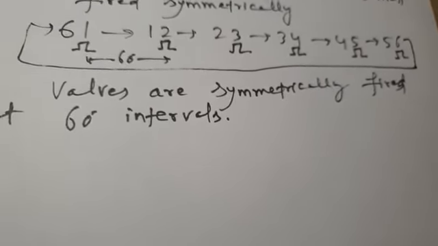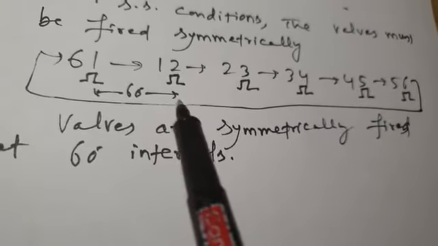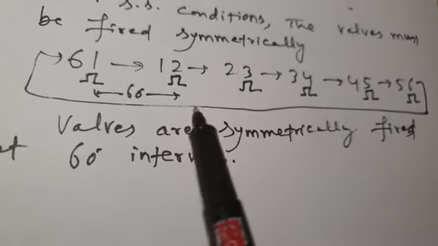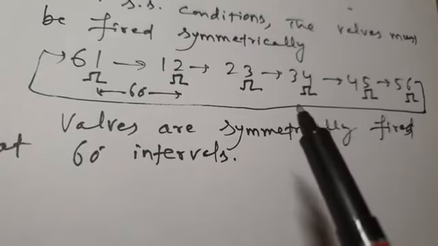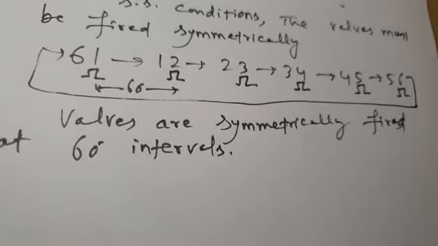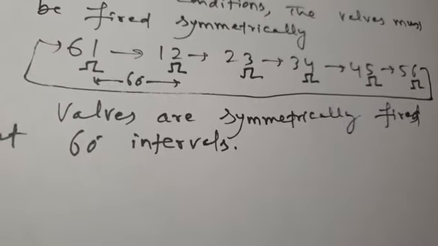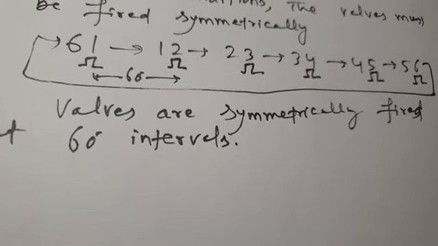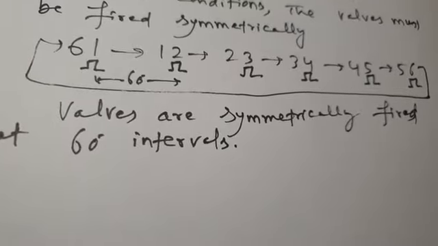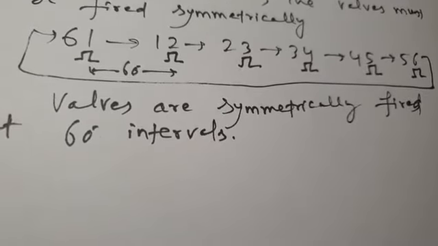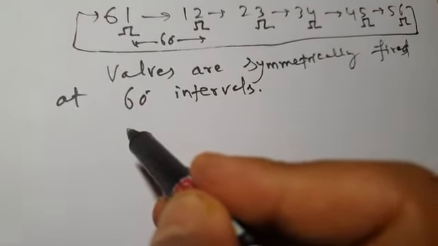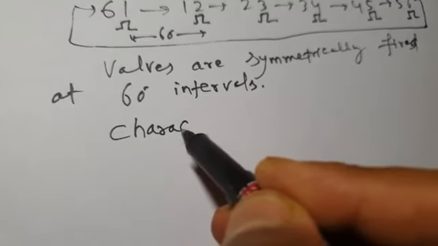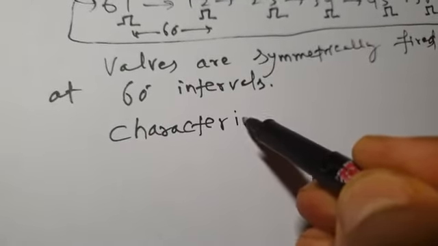And if by mistake, during the commutation failure, you have changed the firing sequence, I mean, you have increased the interval from 60 degrees to say 70 or 80, or you have decreased it, then when commutation failure is over and normal operation is restored, since your valves are not fired symmetrically, it will result in additional harmonics. For symmetrical firing at 60 degree intervals, the characteristic harmonics are there in the current drawn by the converters.